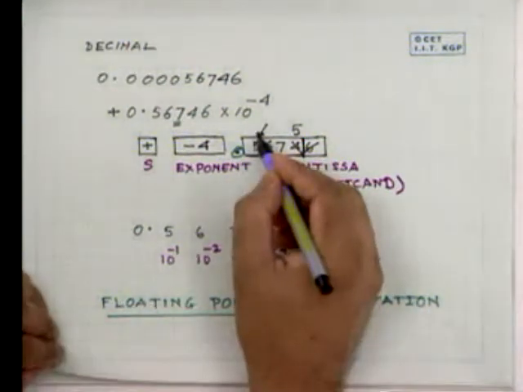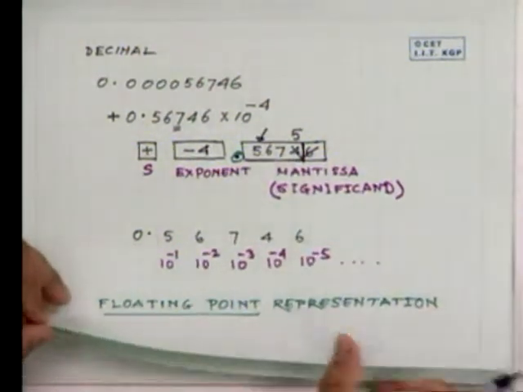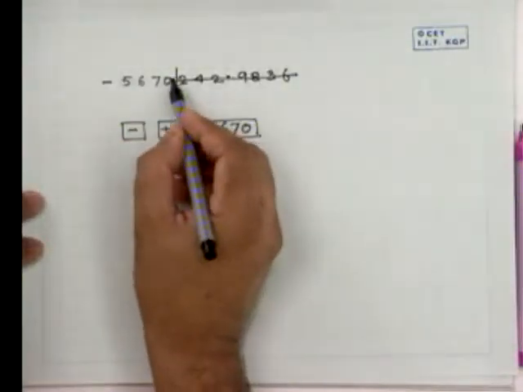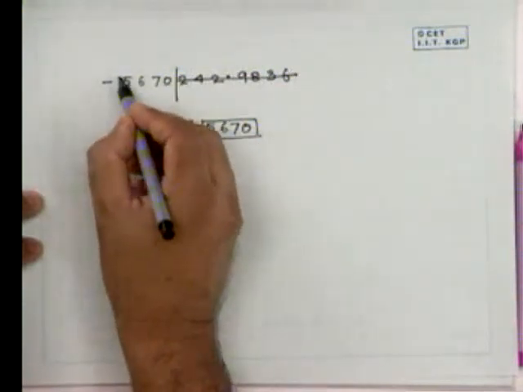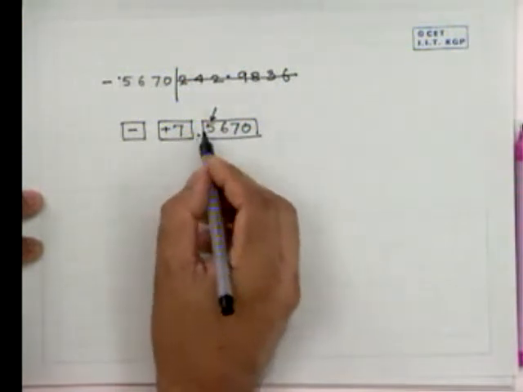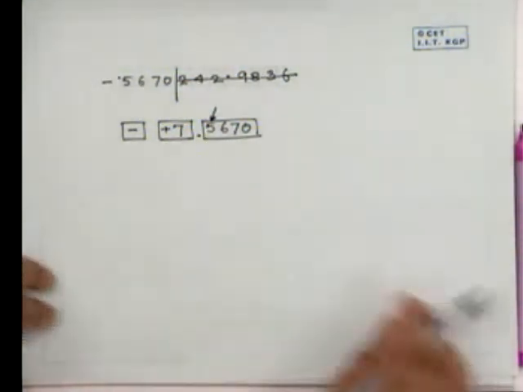Similarly, in the case of this number, we have slid the decimal point here, but the most significant digit after the decimal point is a non-zero.